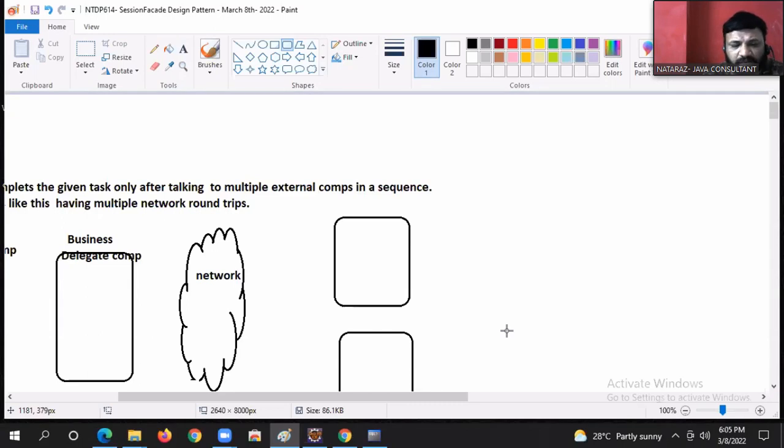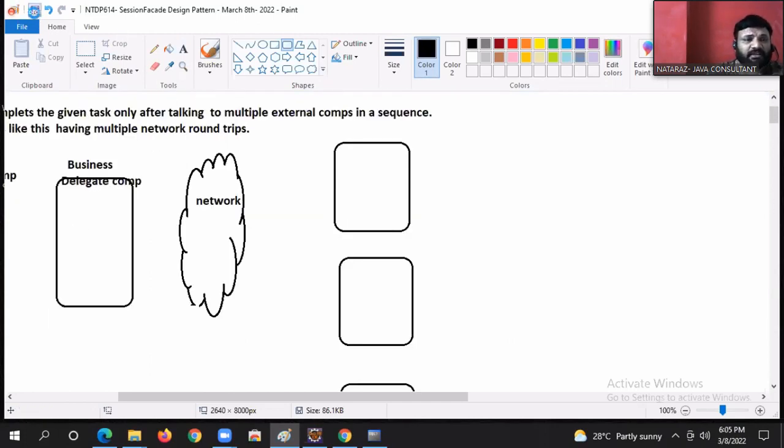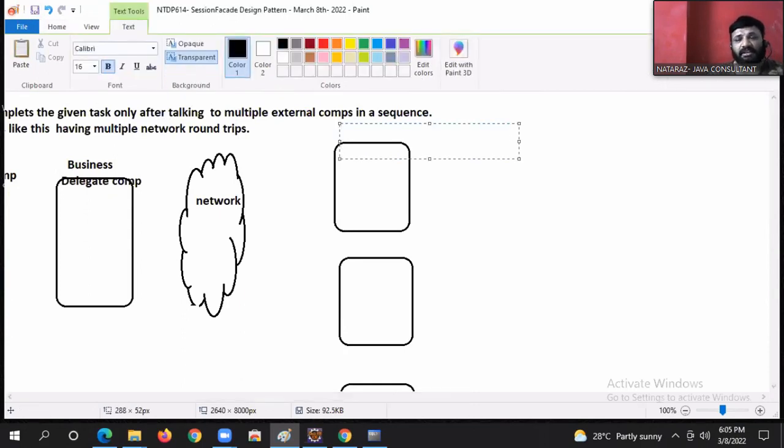Are you understanding my statement, guys? Yes, guys. What are these external components? Tell me, guys.